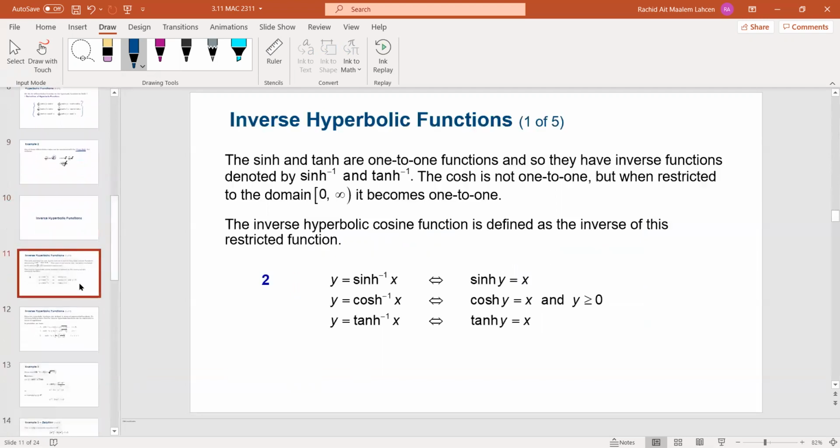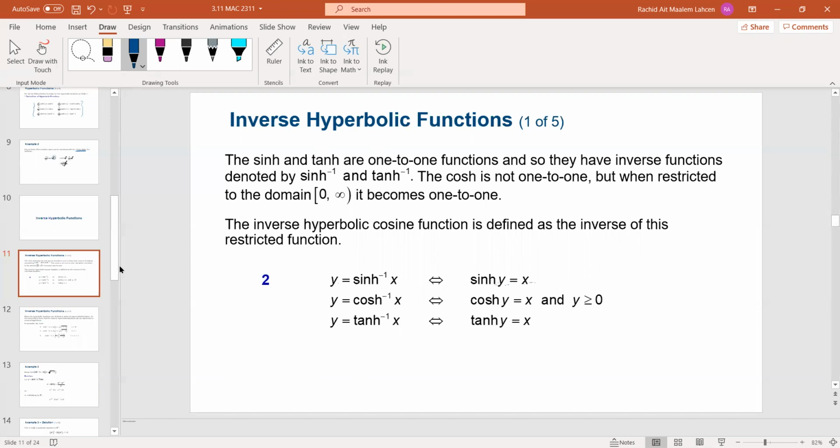Then the inverse hyperbolic functions, just like with the trig. y equals the inverse hyperbolic sine of x. What it means is the hyperbolic sine of y equals x, so you switch them.